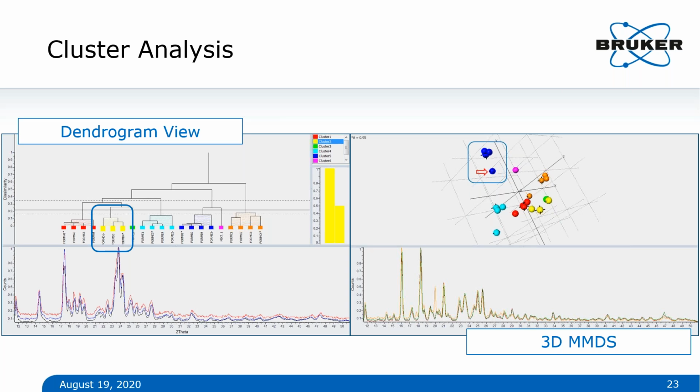The black pattern has slightly sharper peaks than the red and the blue one, particularly if you look at that 24-degree region. But because this is comparing all of the data points across all of the data sets, we have really good confidence that these are either the same material or at the very least very closely related in terms of data.